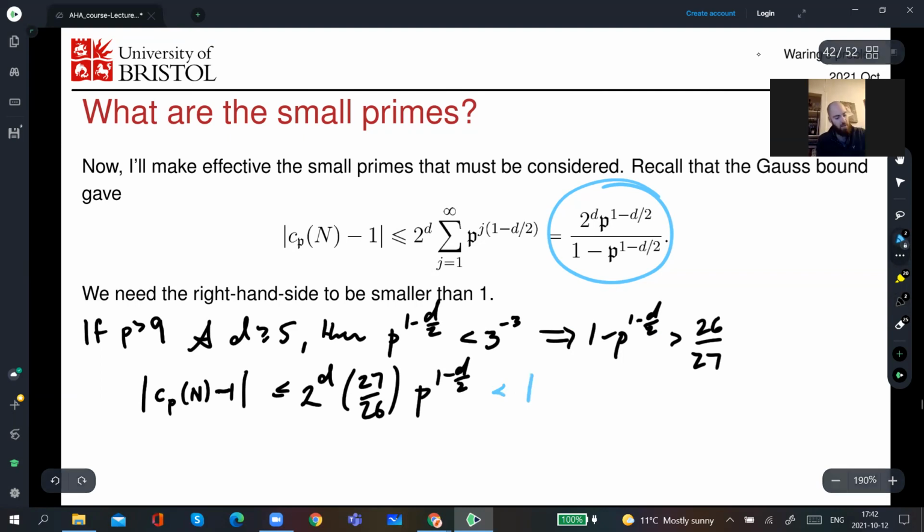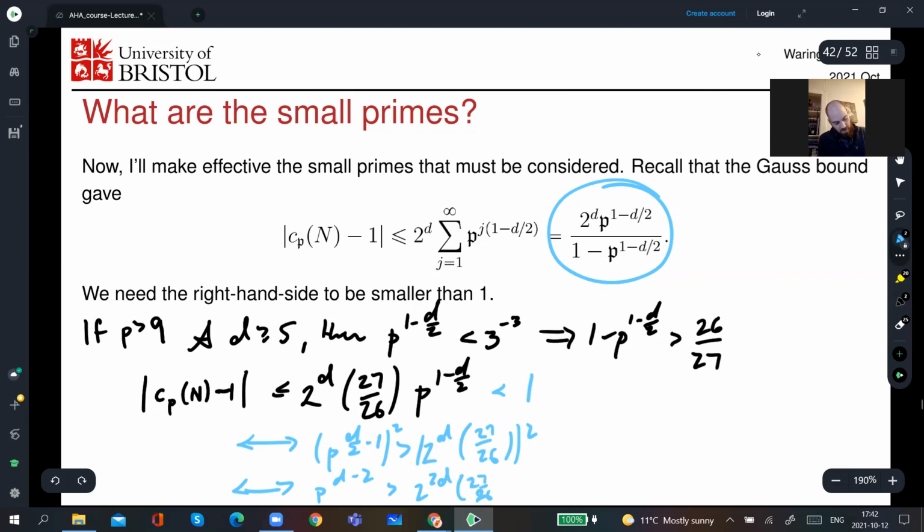When is this less than 1? Well, it's going to be less than 1 precisely if p to the d over 2 minus 1 is greater than 2 to the d times 27 over 26. I square both sides. And that's the same as p to the d minus 2 greater than 2 to the 2d times 27 over 26 squared.